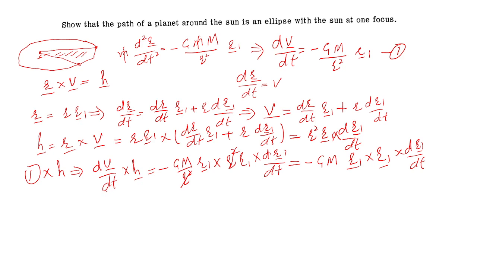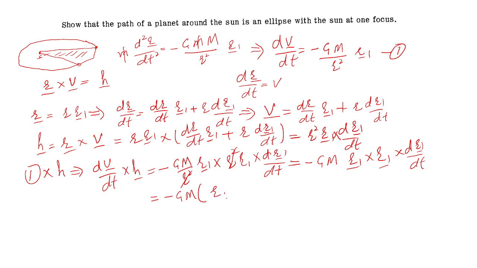So I am calculating the value of this. So that is minus GM, that is a constant value, and I will apply the identity, which is r1 dot r1, so that will give me 1.